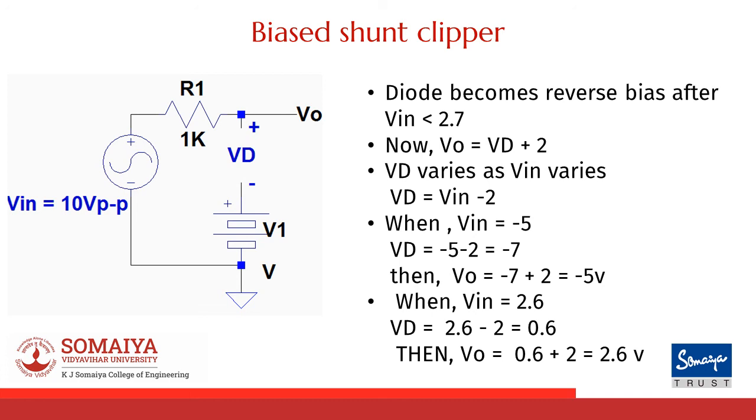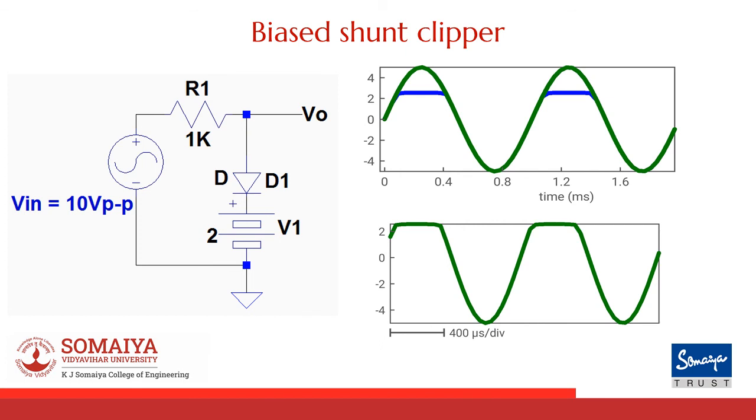Now the expression for Vd would be equal to Vin minus 2 and the expression for VO would be equal to Vd plus 2. For example, when Vin is equal to 2.6 volts, Vd would be equal to 2.6 minus 2, that is equal to 0.6 volts, and VO would be equal to 0.6 plus 2, that is equal to 2.6 volts. As discussed earlier, the output will vary from plus 2.7 volts to minus 5 volts.